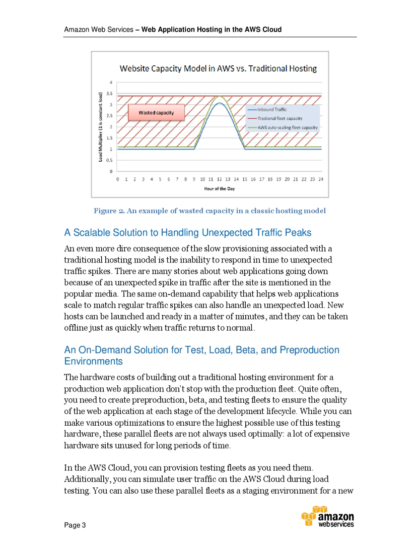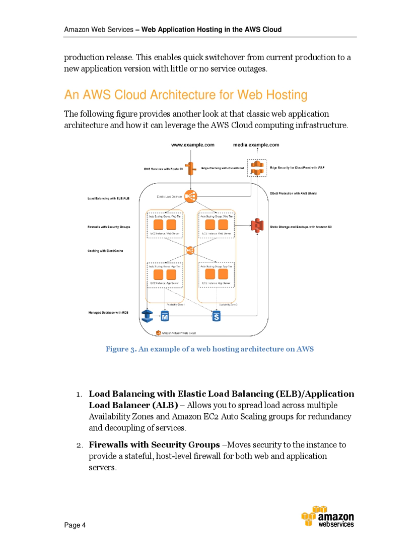You can also use these parallel fleets as a staging environment for a new production release. This enables quick switchover from current production to a new application version with little or no service outages.